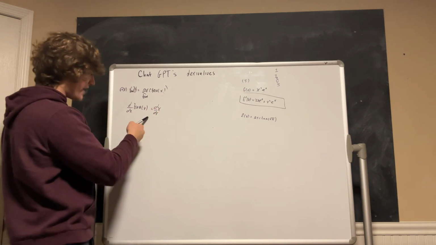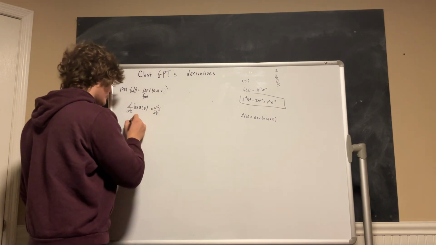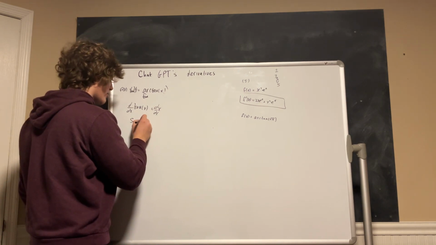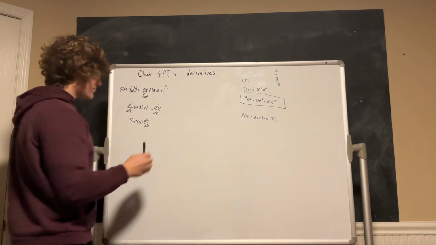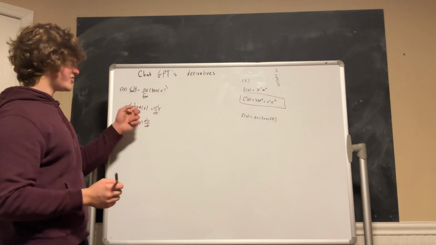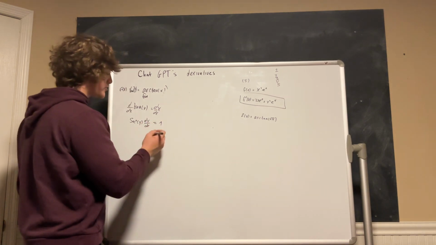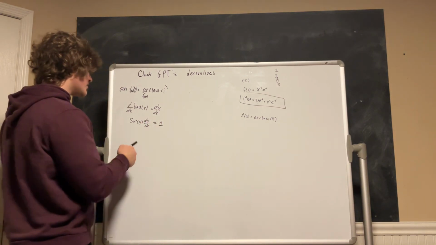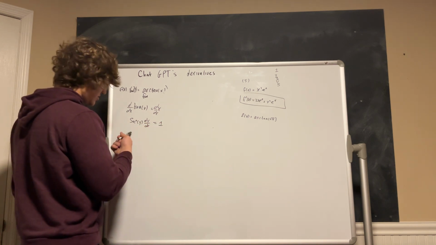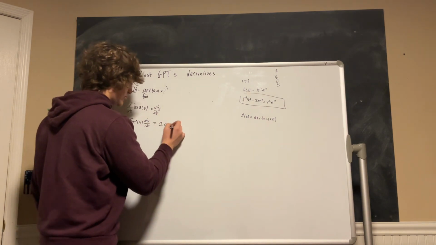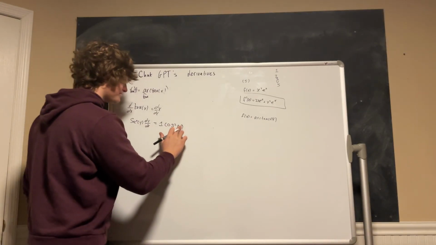The derivative of tangent of y is going to be secant squared y times dy over dx by our chain rule, where y is a function of x, so we have to pull it out. And that is equal to the derivative of x with respect to x, which is just 1. So now we can divide by secant squared, which is the same as multiplying by cosine squared of y.